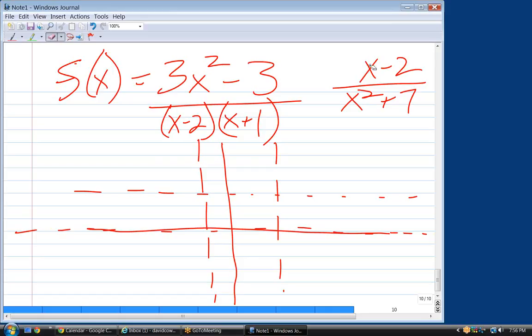And the third situation is where the numerator is a higher value like that. If you find this, you have to do division, and if they're separated by exactly 1, you will end up with an oblique asymptote. That is a straight line.